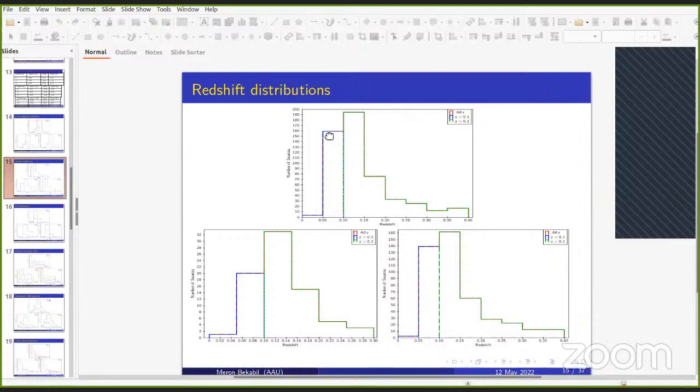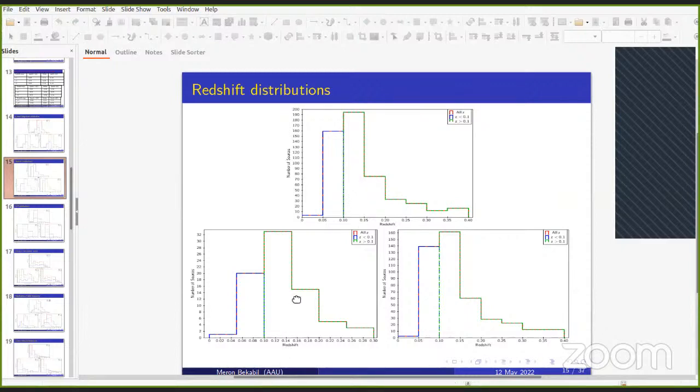The number of sources increases, but at high redshift the green lines go around this side. So what we see is that when we increase the redshift ranges, the redshift increases. This is for AGNs.